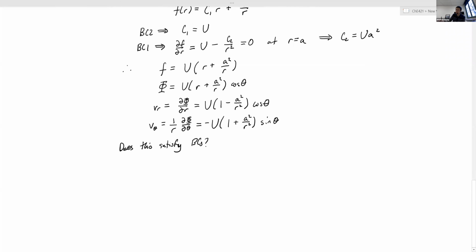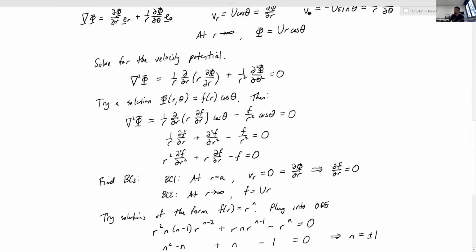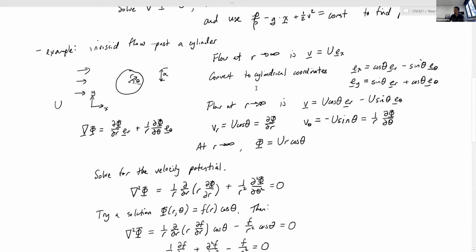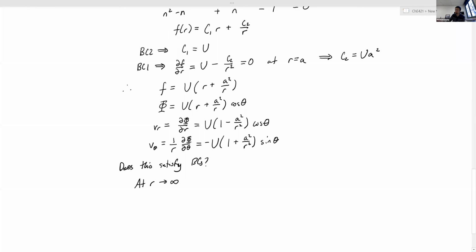Okay, right. So remember we had several boundary conditions. One was that at r goes to infinity, we have conditions for VR and V theta, right? Those conditions where at r goes to infinity, we have VR is equal to u cosine theta and V theta is equal to minus u sine theta. At r goes to infinity, when r goes to infinity, then this term goes away.